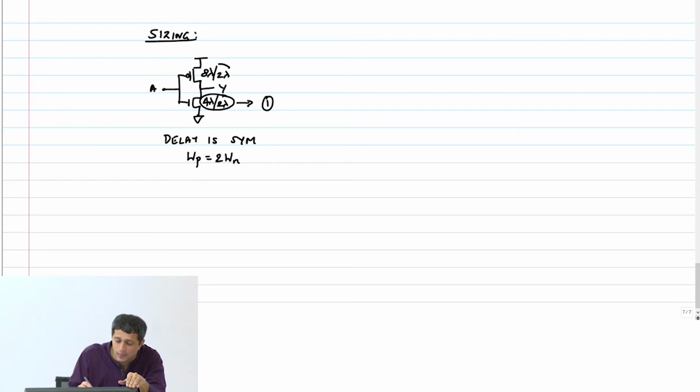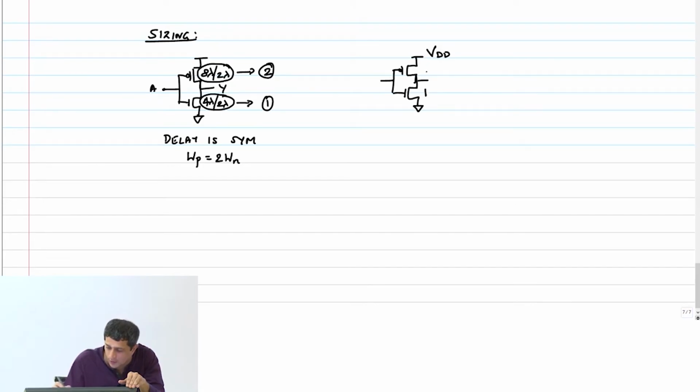And this will therefore become 2. So from now onwards, I will just write a CMOS inverter like this. I will say 1 and 2. You must interpret it as the width alone is doubled for the PMOS transistor.